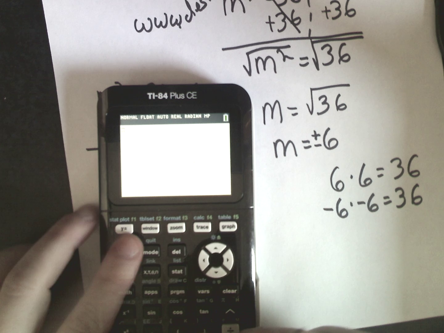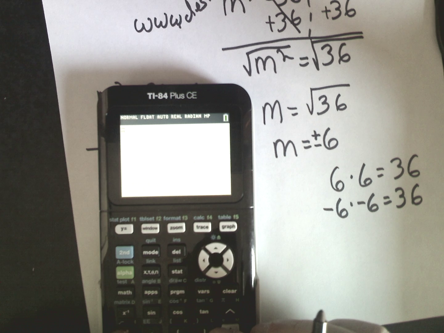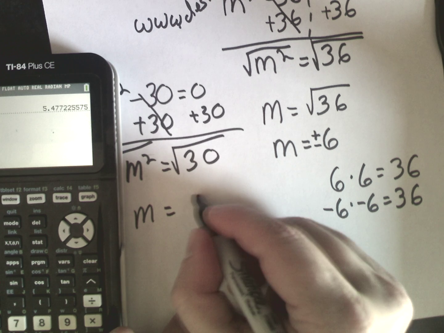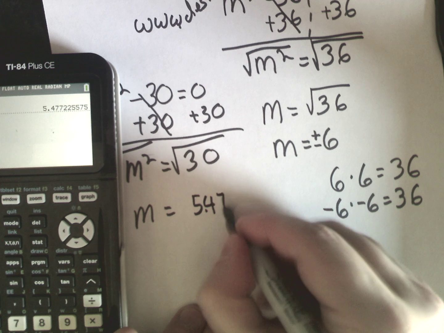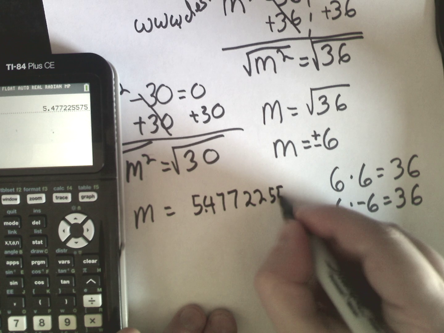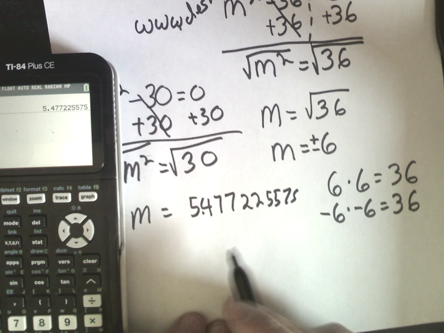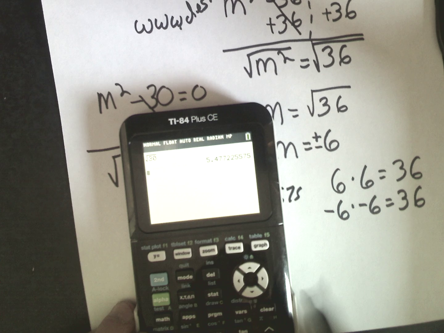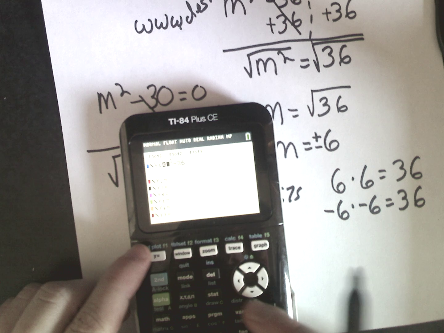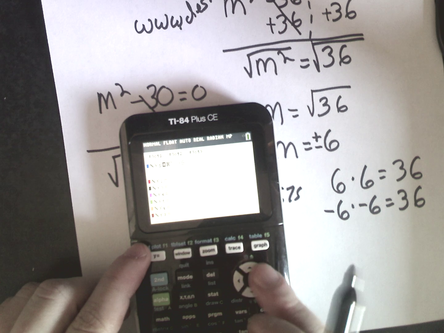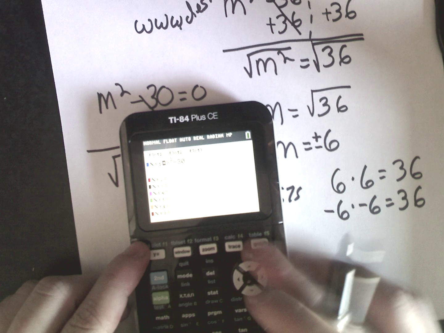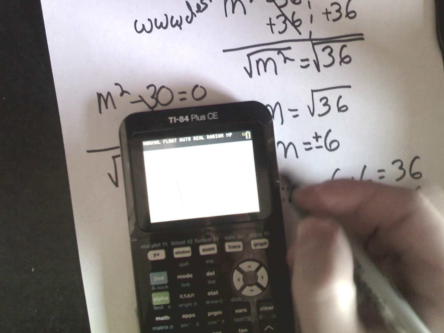The square root of 30 is this number: 5.47722557. How are you going to make this very accurate? So if I graph this same problem, here's our two answers.